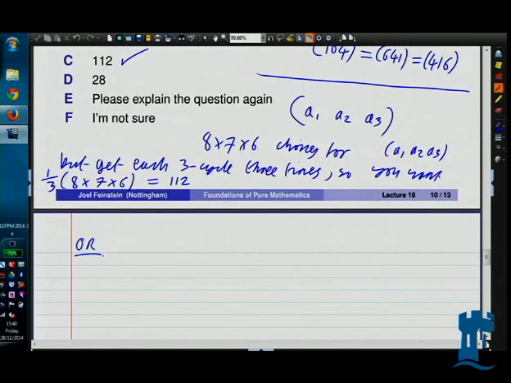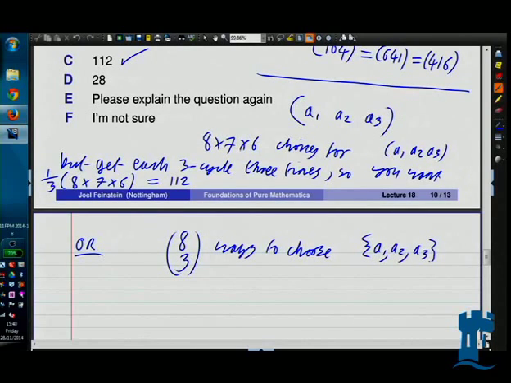Or there are 8 choose 3 ways to choose your set A1, A2, A3 as your 3 set. 8 choose 3 3 sets. But that's only 56. However, having chosen the 3 set you're going to cycle, there are 2 different cycles.